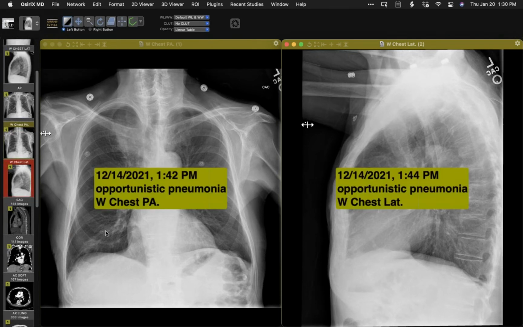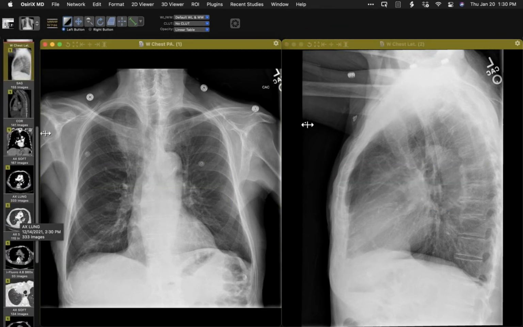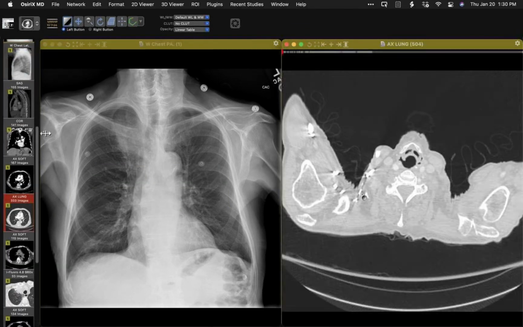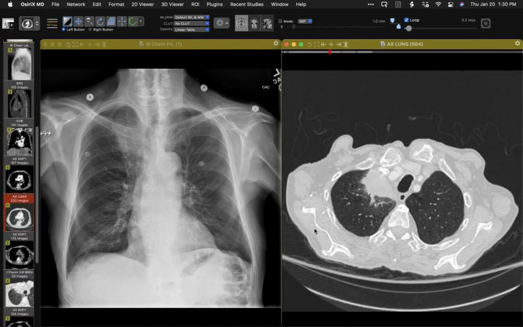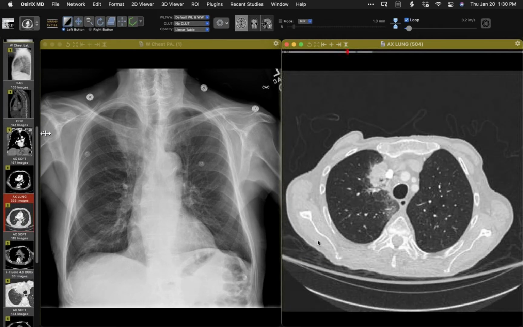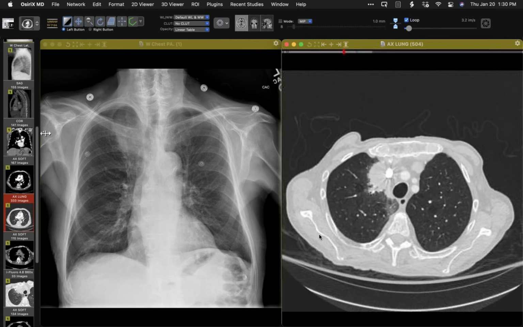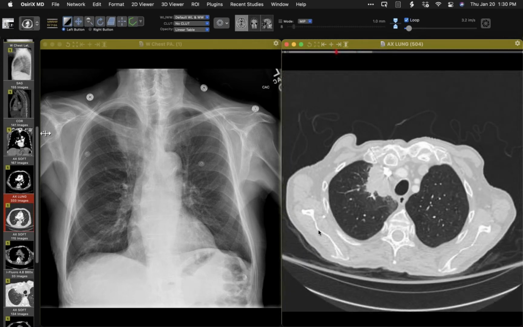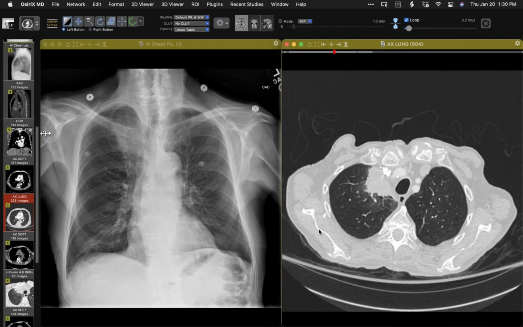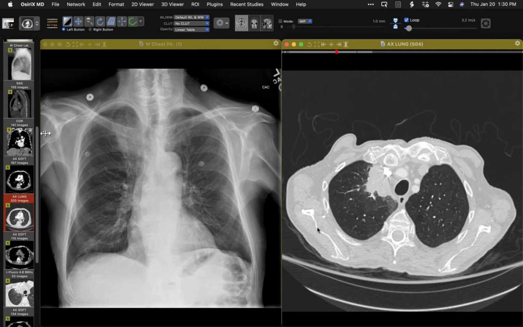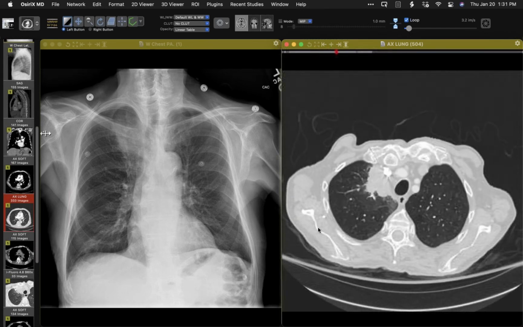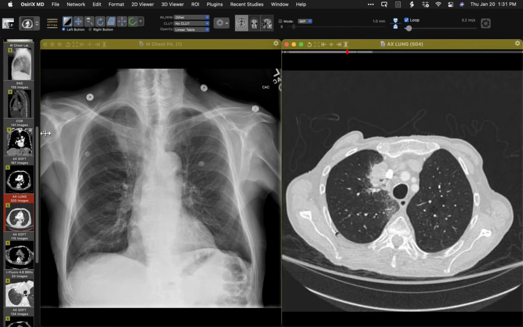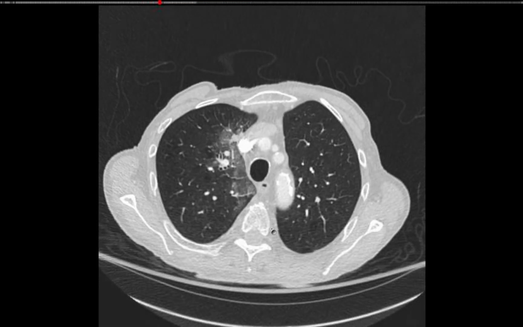So that's on the 14th, and a CT was done on the same day. So here it is. In an immunocompromised patient, or potentially immunocompromised patient, certainly all of us would quite readily be concerned about an opportunistic infection, particularly of fungal or Nocardia etiology for this opacity. It's a bit of a ground glass halo around it.